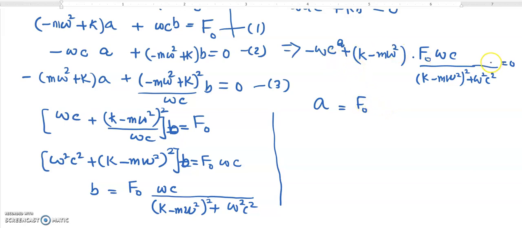So a will go over that side, so a will be equal to f naught times k minus m omega square, divided by k minus m omega square squared plus omega square c square. So this will be the value of a.